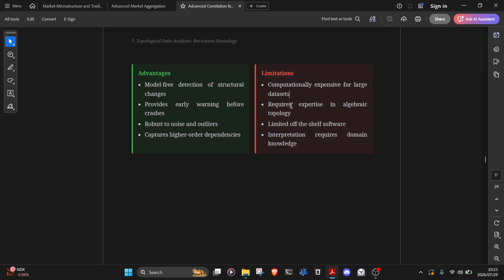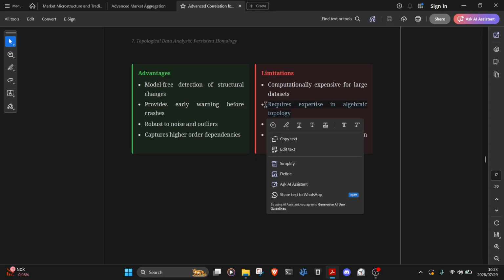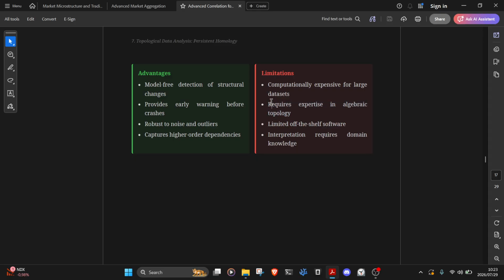Number two, requires expertise in algebraic topology. True, because if you don't know topology, algebraic topology, point-set topology, you're essentially walking in with your eyes closed. So usually this type of correlation is used by mathematicians or individuals who are very mathematically mature.